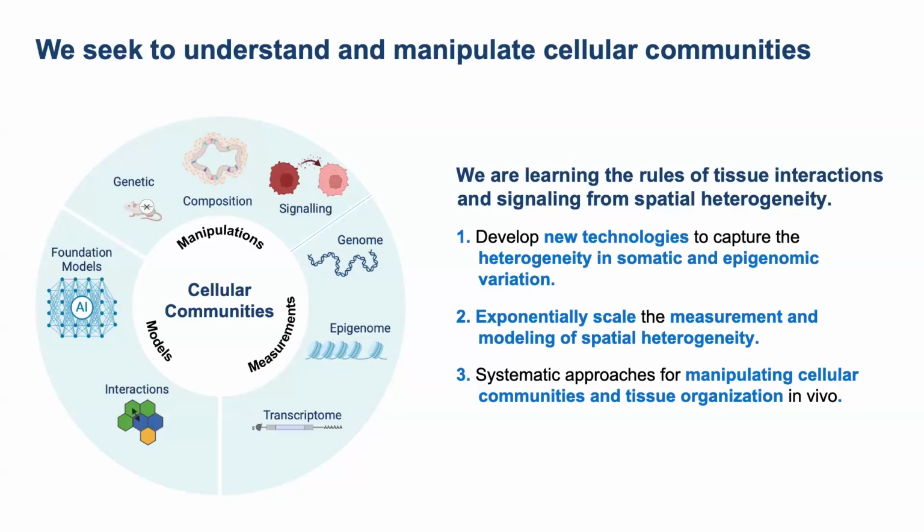This is something that we're funded by this NHGRI mechanism to do, and we've really been also interested in scaling the ability to perform these sorts of measurements in large scale experiments, and then also manipulating these communities and tissue organization in vivo.